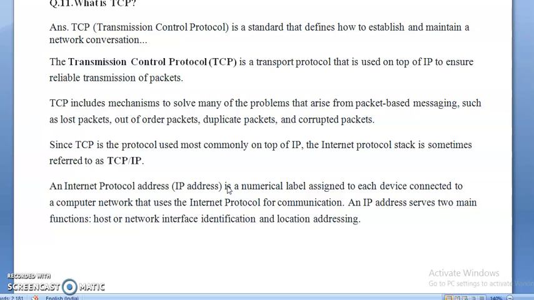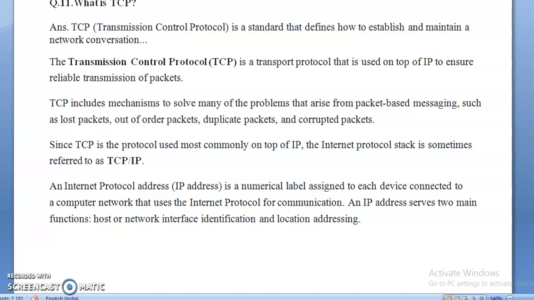IP addressing of the computers makes sure that each individual destination computer has a unique address, and it makes it easier for TCP, the communication protocol, to make sure that it is sending the data to the correct computer. So IP addressing is very important when a computer network is discussed.